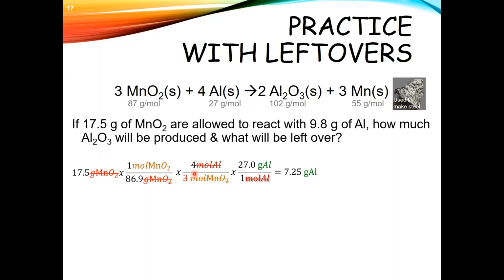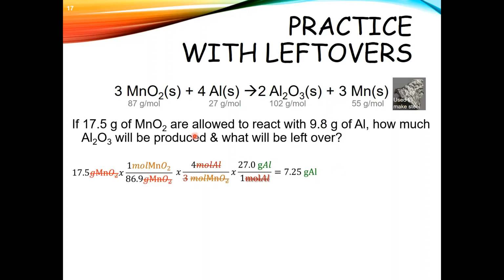Then I'm going to multiply by my mole ratio between aluminum and MnO2, which is 4 to 3, and then I'll multiply by the molecular weight of aluminum to find that with 17.5 grams of MnO2, I can use up 7.25 grams of aluminum. This value, of course, is lower than my 9.8 grams of aluminum.